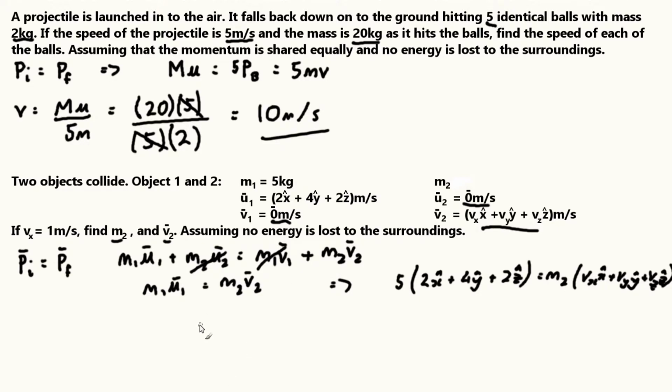This may not seem too obvious at first, but we've been told one more bit of information, which is that vx, which is our variable here, is equal to 1 meters per second. This means if we compare the x hat components of our two momentums, we can see that 5 times 2 in the x hat direction must be equal to m2 times vx, which is 1.